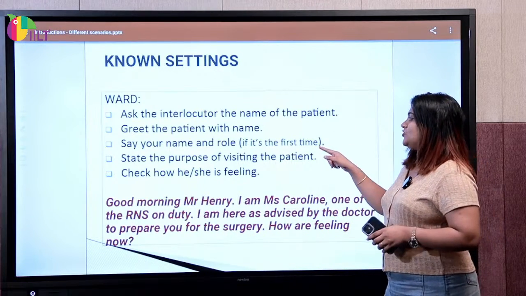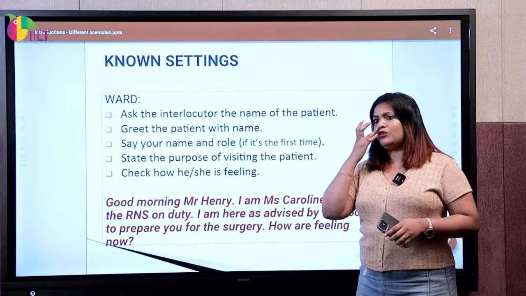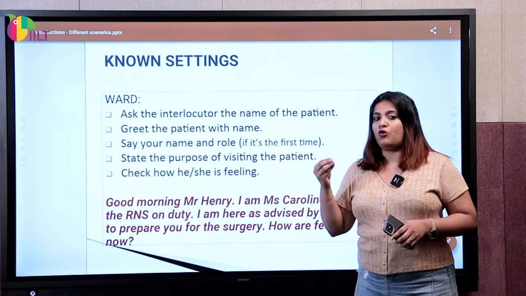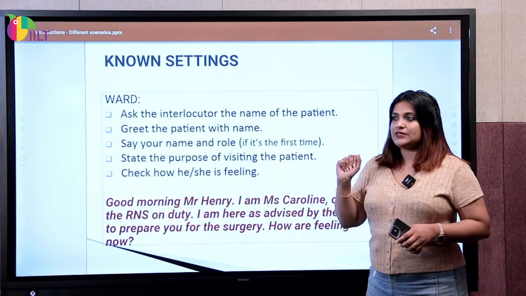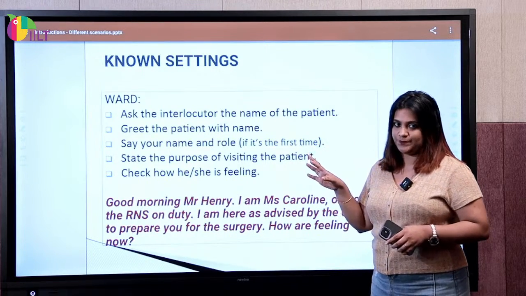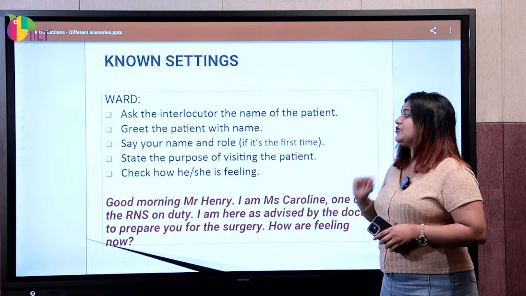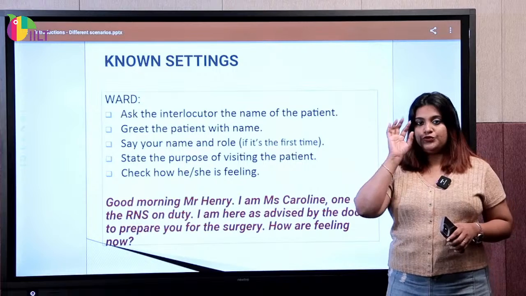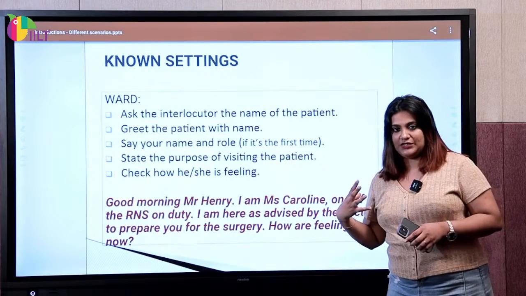If you're visiting the patient for the first time, like the patient is in the ward, the doctor said, and nowhere in the cue card it is mentioned that you're repeatedly visiting the patient or you had come before, then you have to state your name and role as well. So these are the 5 steps that you can follow to have an opening statement for a ward scenario.